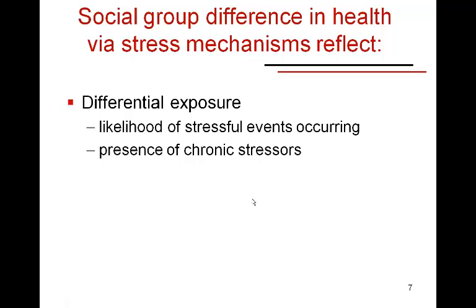And we'll define that distinction between stressful events and chronic stressors in a moment. So one way by which social group differences in health via stress may manifest is because different social groups have differential exposure to stressors in the first place.